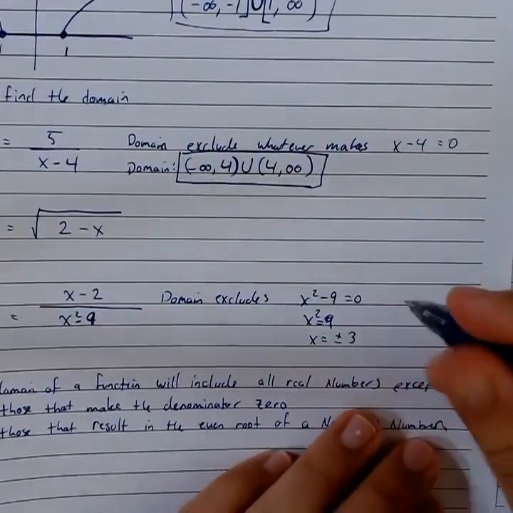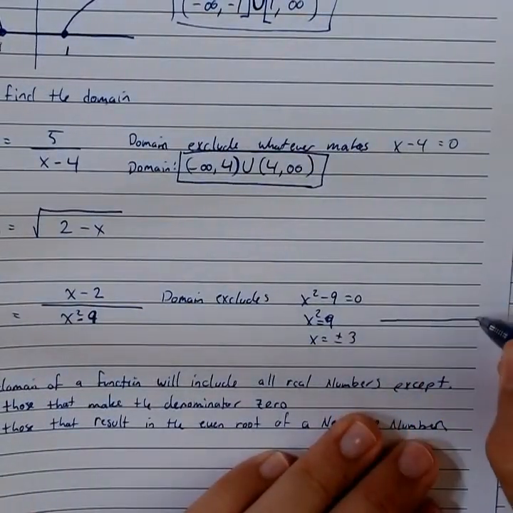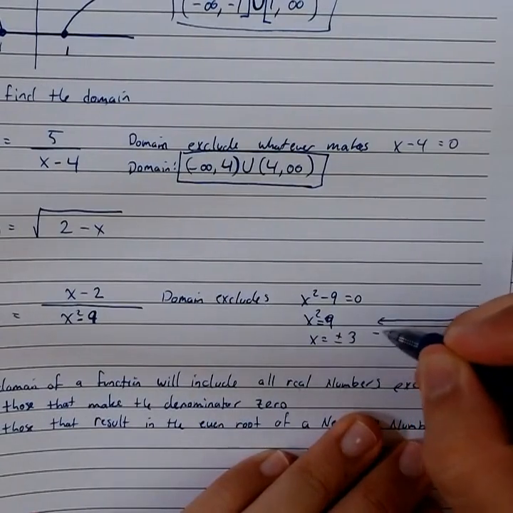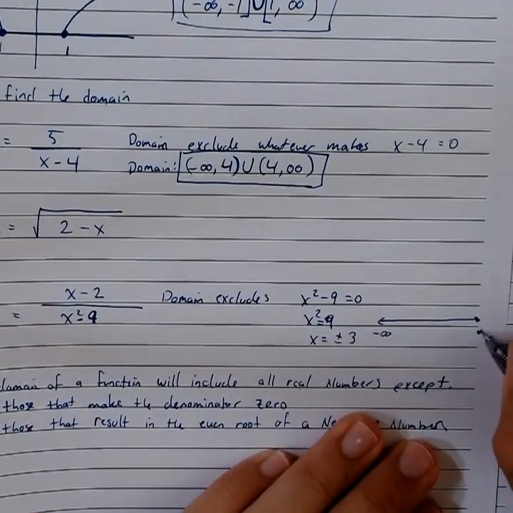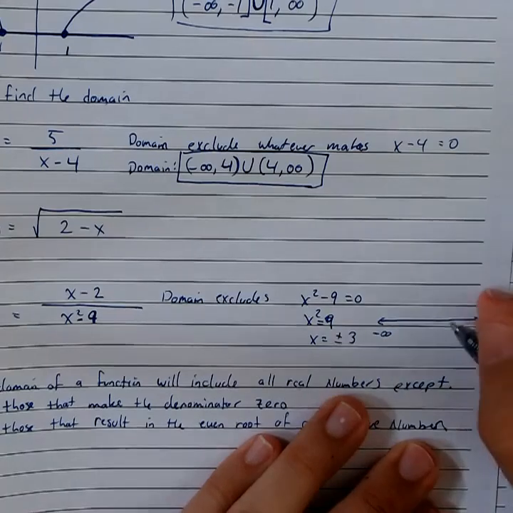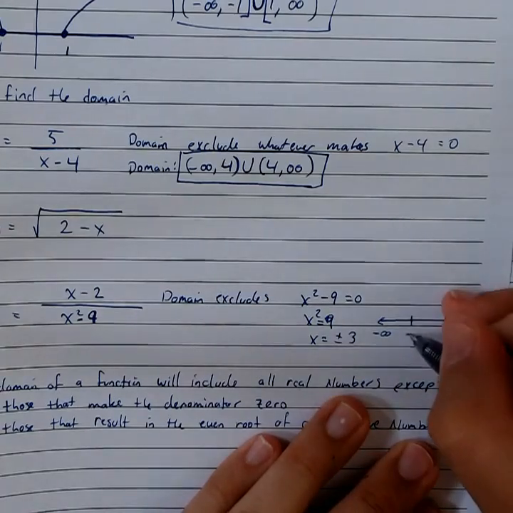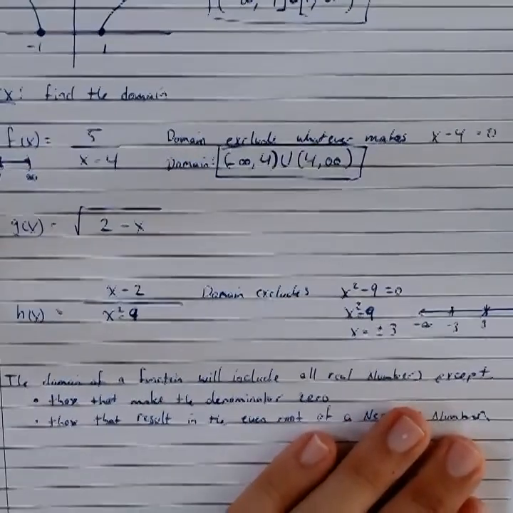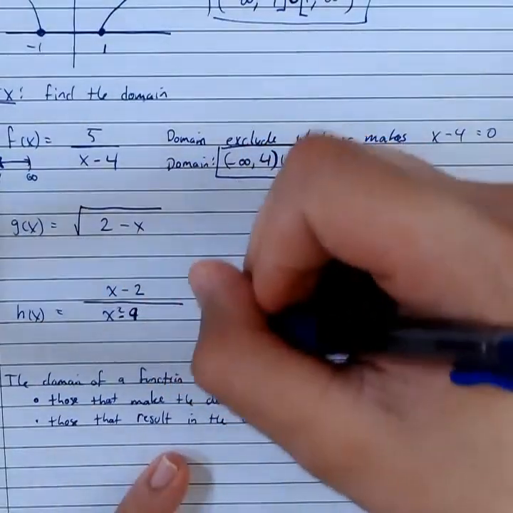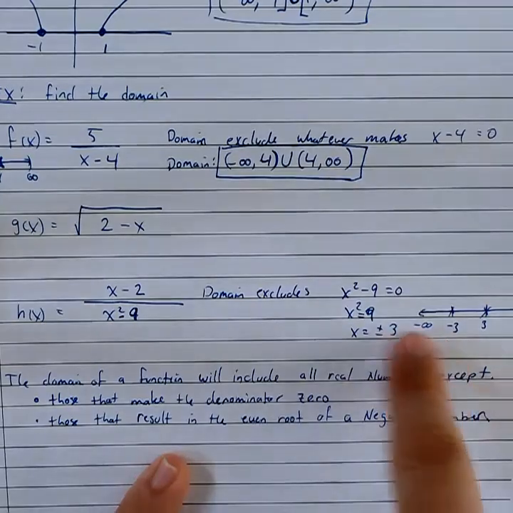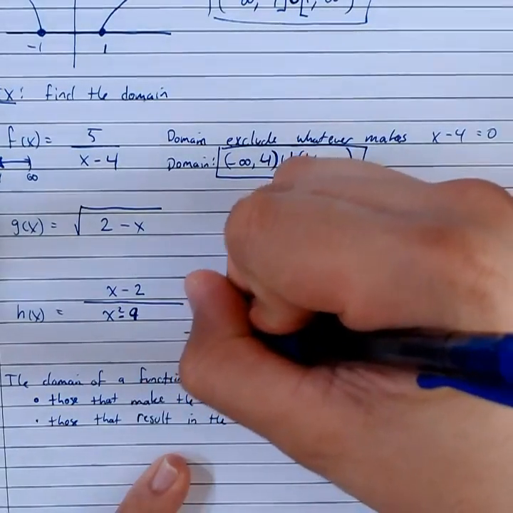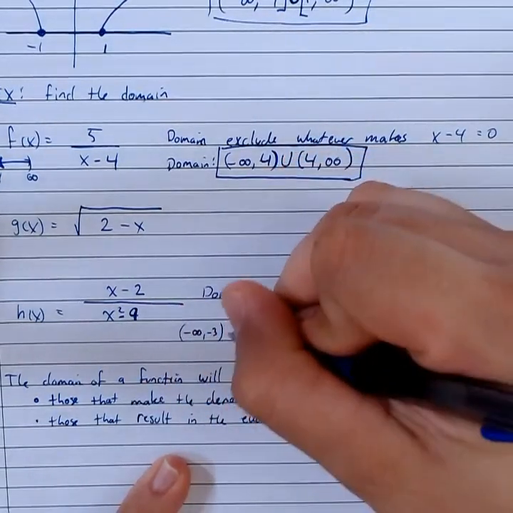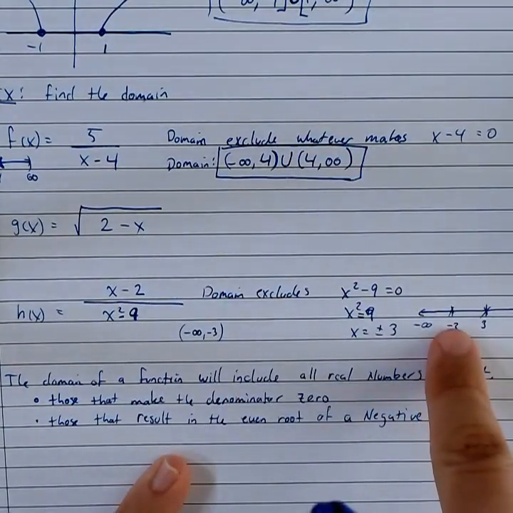So imagine you have your number line from minus infinity to infinity. You have a positive 3 that has to be excluded and a negative 3. But everything else in between is fine. So your domain is going to be from negative infinity to negative 3. And then you're going to skip over negative 3.